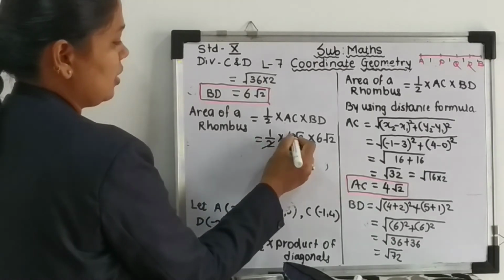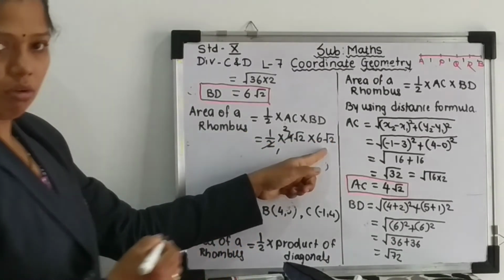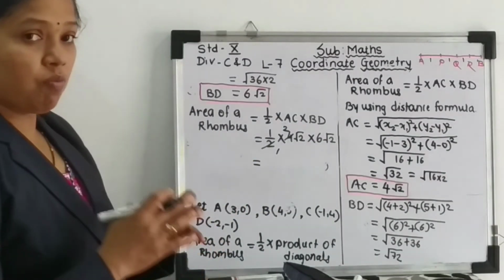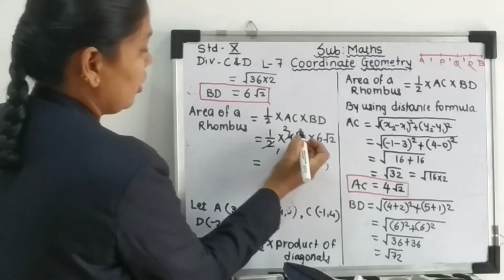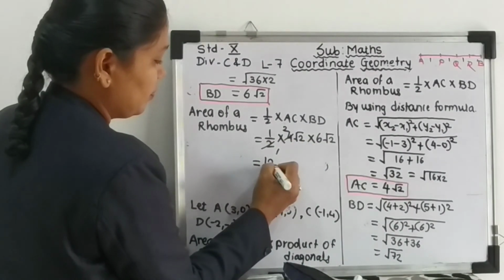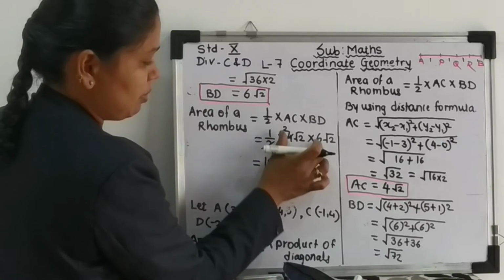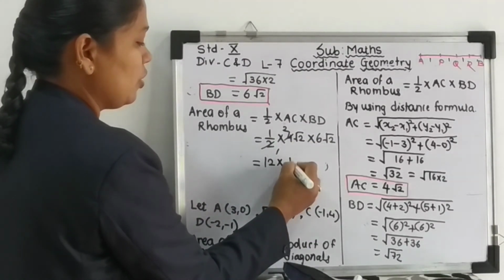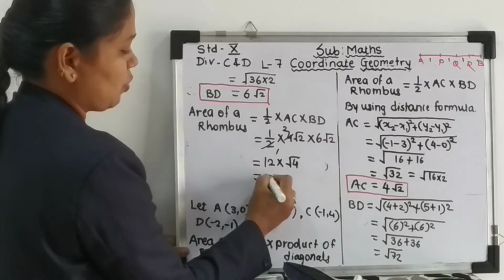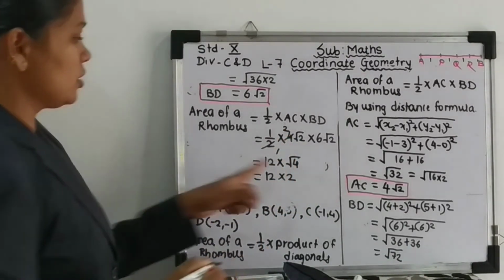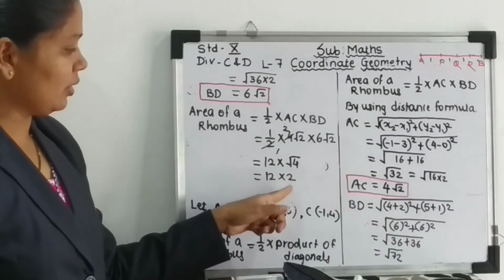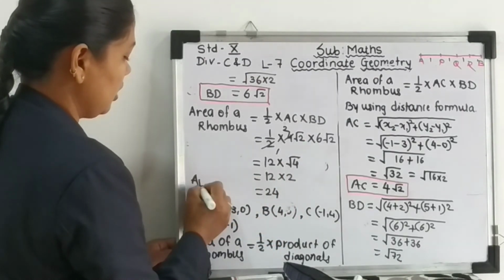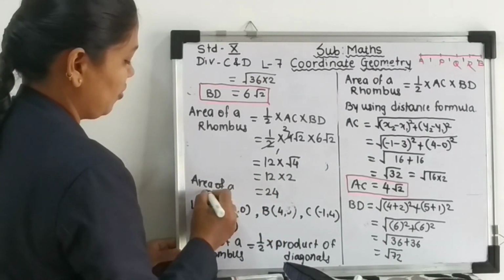So 2 ones are 2, 2 twos are 4; don't cancel under root 2, we will simply cancel out the 2. Now, while multiplying, just be careful: I am multiplying 2 and 6, 2 sixes are 12, and root 2 into root 2 is under root 4, and 4 is a complete square, so we write 2. So 12 twos are 24 is the area of the rhombus.